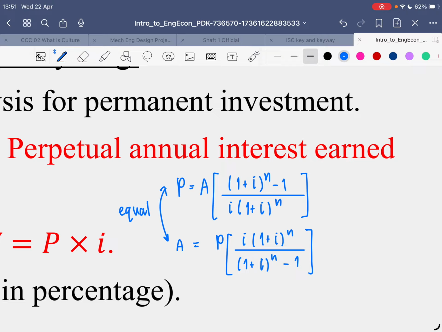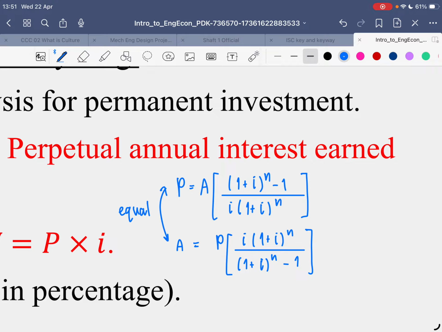And because n goes to infinity, 1 plus I to the power of n is very close to 1 plus I to the power of n minus 1.